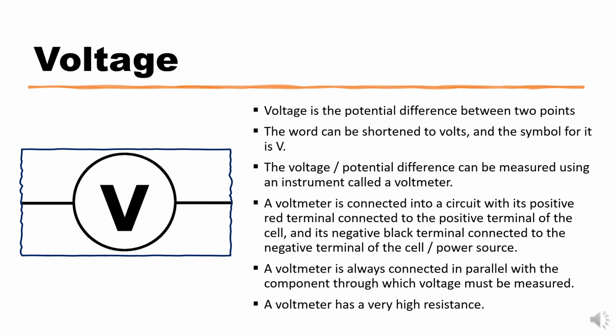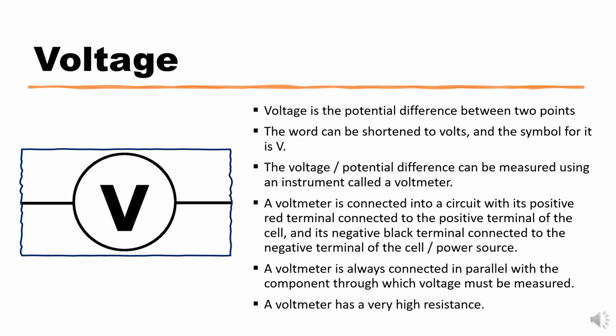Voltage. Voltage is the potential difference between 2 points. The word voltage can be shortened to volts and the symbol for it is V. The voltage or potential difference can be measured using an instrument called a voltmeter.